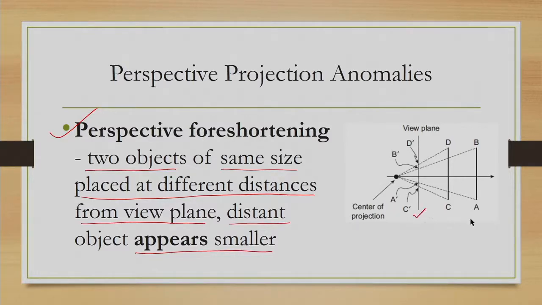So, if this is the view plane, this is one object and this is another object, then as you can see, object AB appears smaller than object CD, although they are actually of the same size. This happens because of the projectors meeting at a common center of projection. Because of this we get a sense of reality, that distant objects appear smaller.